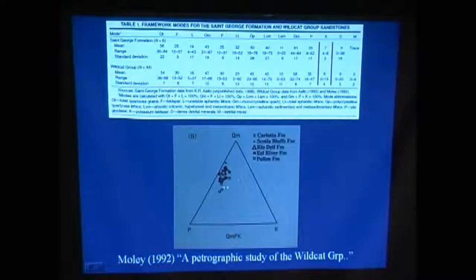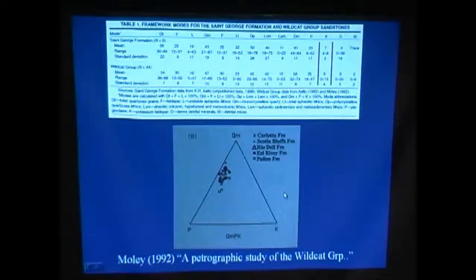And here's a diagram. K is potassium feldspar, and you see in the Wildcat a lot of points tending towards K. There's no potassium feldspar in the Franciscan complex.